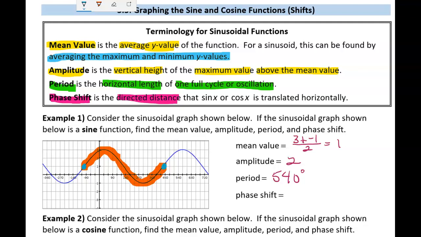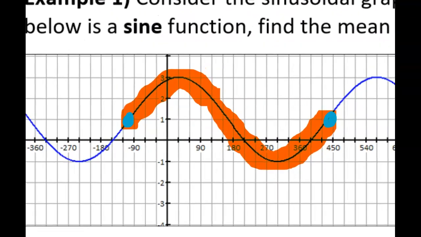So let's actually remeasure the period using this idea right here. It looks like it's hitting the middle right in between -90, and let's zoom in on this just a little bit here. Looks like it's happening directly in between -90 and -120, so that would be -105 degrees. And then it looks like it's hitting that middle again right between 420 and 450, which would be 435 degrees.